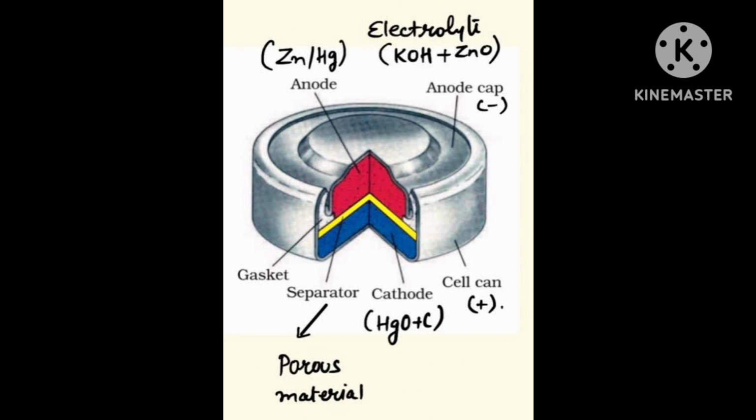The cell potential is approximately 1.35 volts and remains constant during its life. It will not change. Constant voltage it will supply.